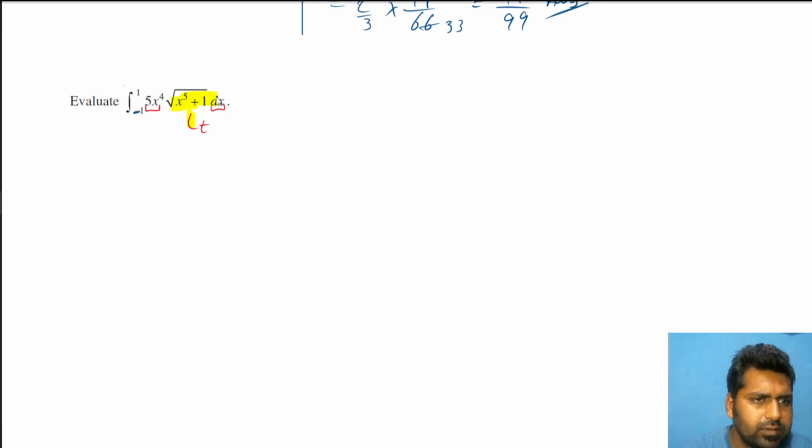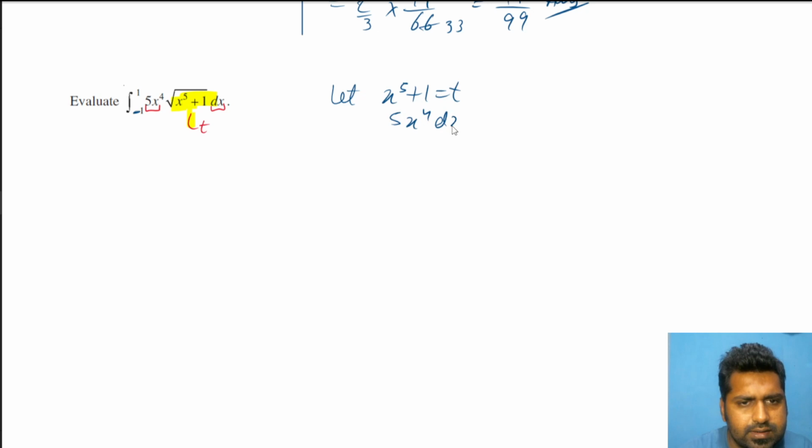Okay, so let x raised to power 5 plus 1 as t, then 5x raised to power 4 dx is dt. Now I want to change the limit also. I want to do this question itself in t, and I don't want to go back to the x.